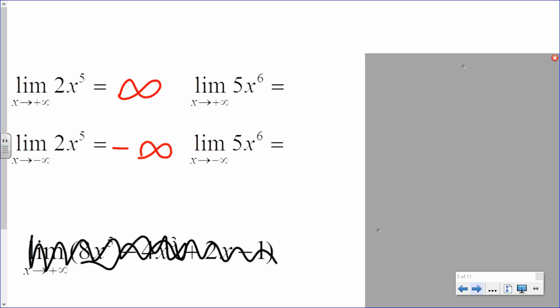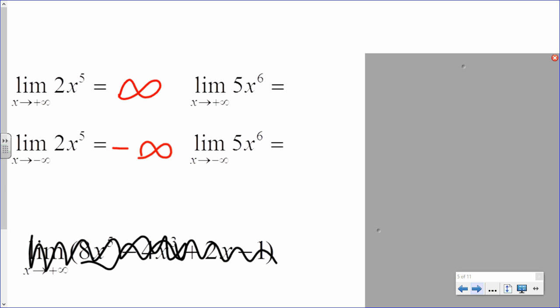All right, next one. 5x to the 6th. We're going to look at limits towards infinity and negative infinity. Actually, what's happening to the right side of our graph?